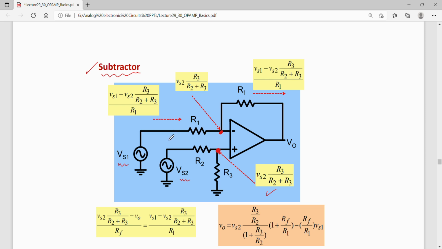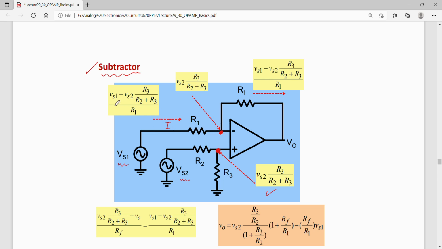So now one can write, let us say, the direction of current: it is going into R1 and then the same current is going into RF. Okay, I know this node potential, so I can write KVL for this, that is Vs1 minus this node potential would be equal to I times R1. Or I can write this I as Vs1 minus this node potential divided by R1.